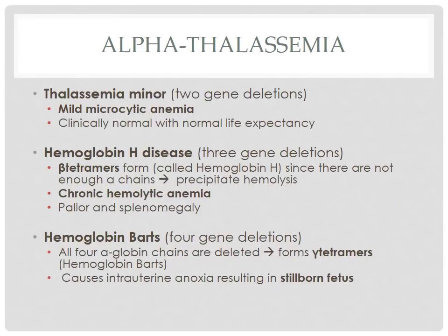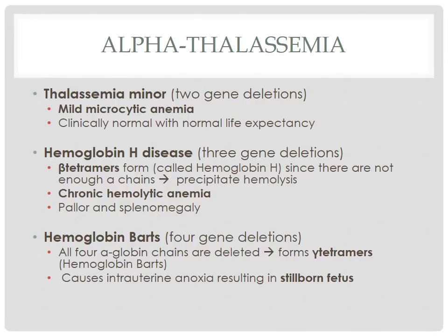So let's look at the alpha thalassemias a little more closely. For thalassemia minor, or 2 gene deletions, there will be a mild microcytic anemia, and these patients have a very normal life expectancy and are clinically normal.